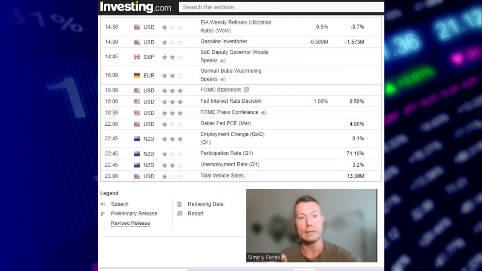This will really move the market. Perhaps close a trade if you are in one and in a small profit, or even really move your stop. And then after that, if you're still awake at 10:45, we've got employment data coming out of New Zealand, the Kiwi. Okay, guys, so that's it for the news.